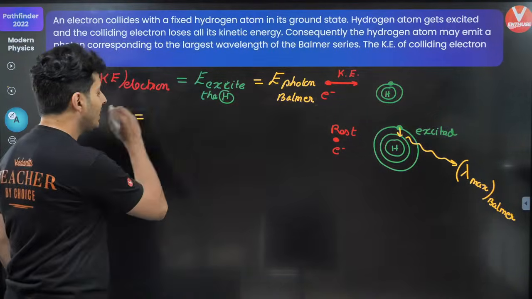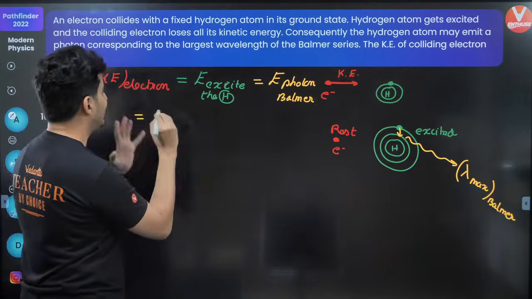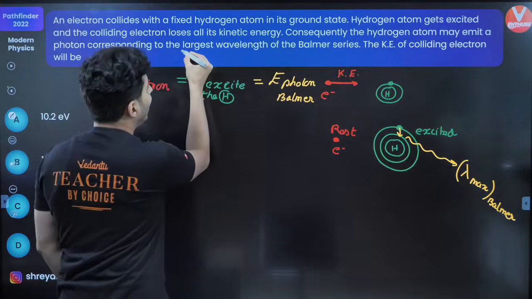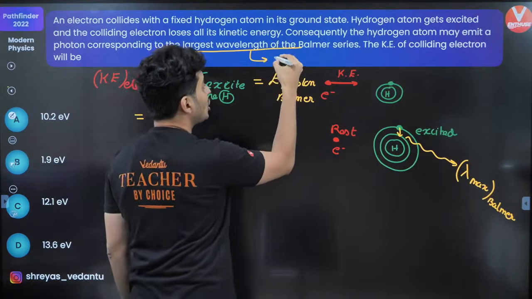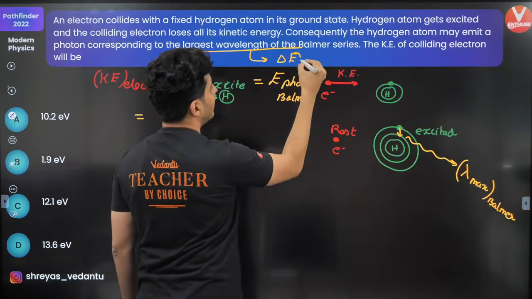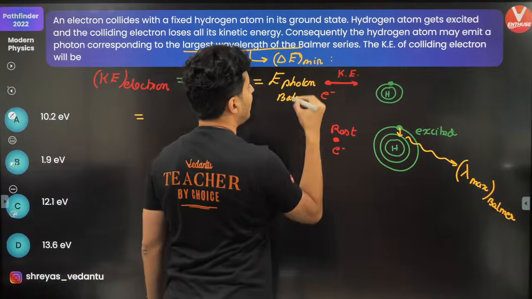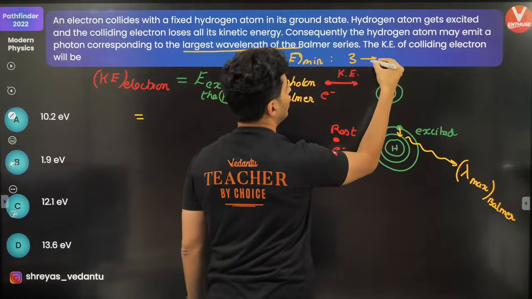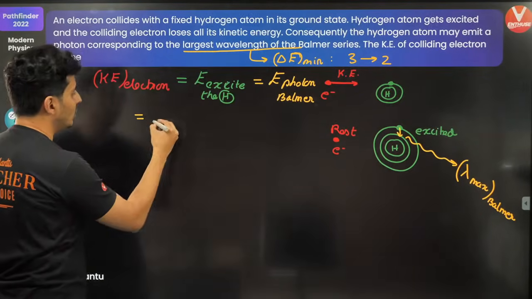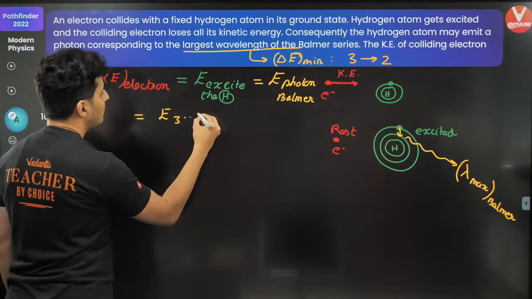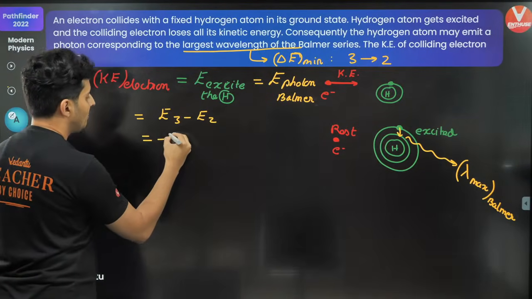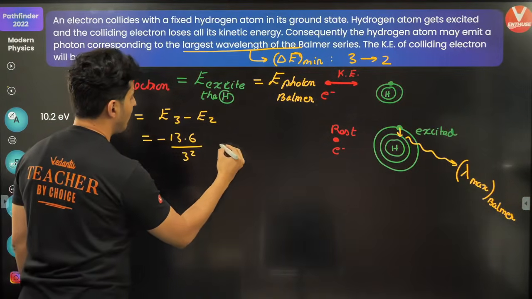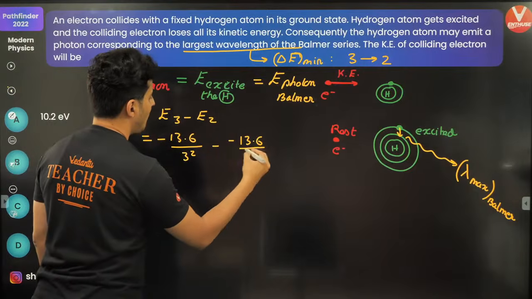I'll tell you how. See, what you need to do is just figure out what you mean by largest wavelength of Balmer. Largest wavelength of Balmer means shortest energy difference. So energy difference wise it is minimum, and that happens for which transition? Lyman-Balmer. So 3 to 2 transition. So all you need to do is energy of 3 minus energy of 2, which is minus 13.6 by 3 square minus, minus 13.6 by 2 square.